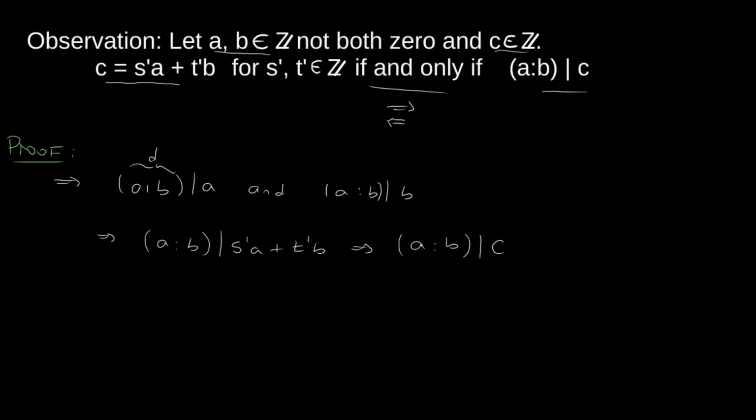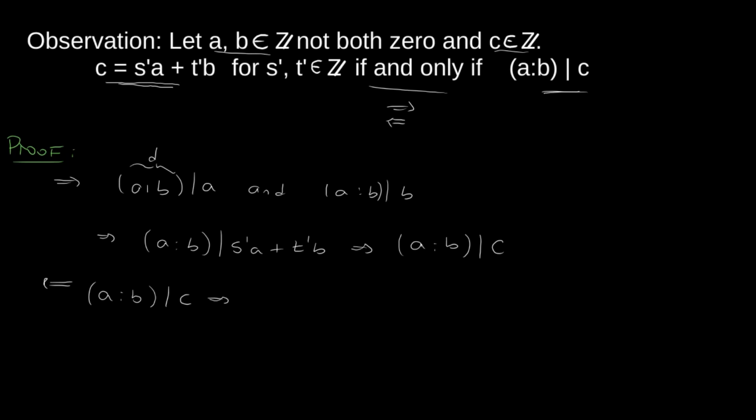Let's now have a look at the other proof. If the greatest common divisor of a and b divides c, then c can be written as a linear combination between a and b. So our hypothesis is that the greatest common divisor between a and b divides c.